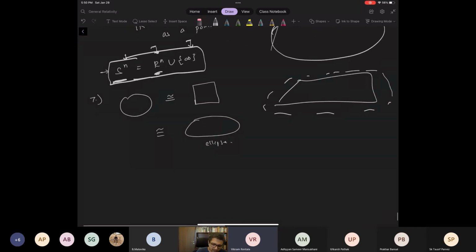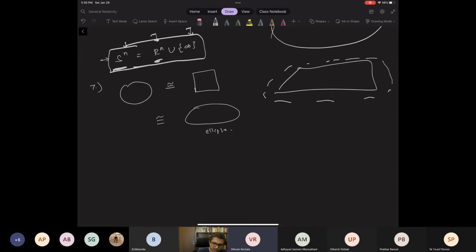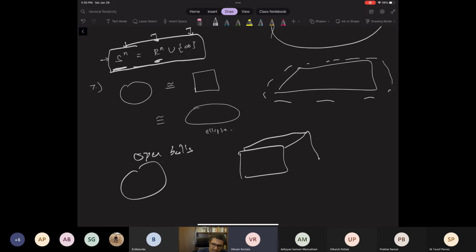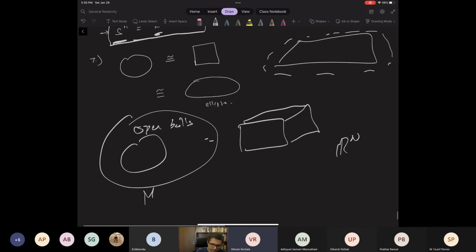Okay, and finally, a circle is homeomorphic to a square, or the generalization of this is that open balls are homeomorphic to open sets, or the cross product of open sets. So instead of talking about the topology of Rn using these open cuboids, we'll talk about this idea of open balls when we talk about manifolds.